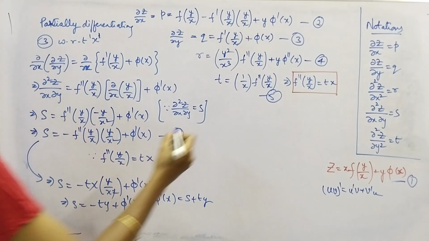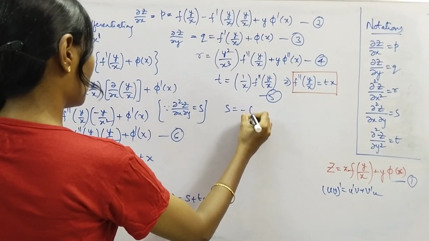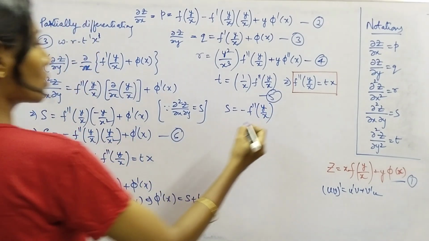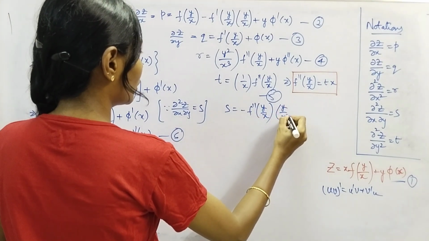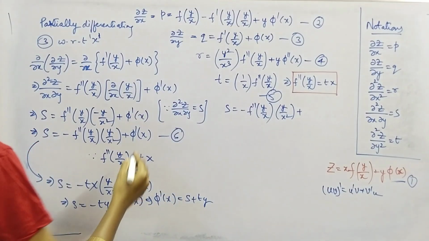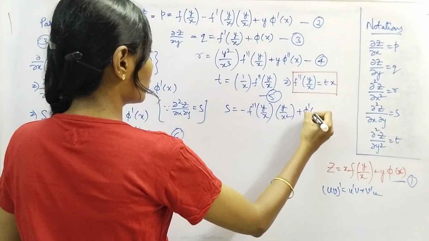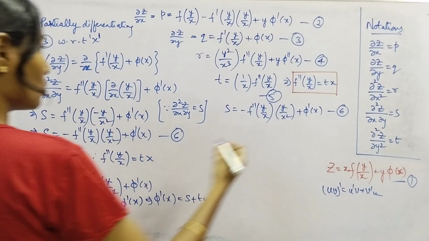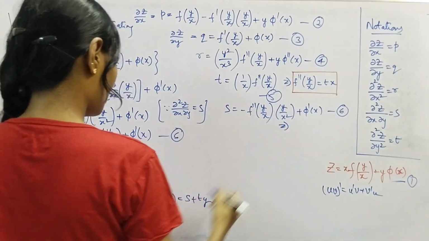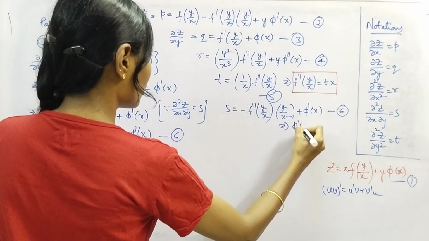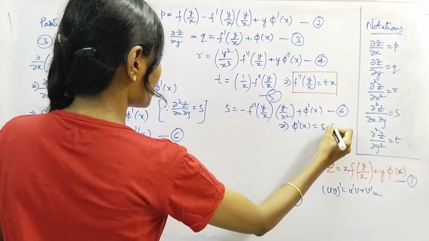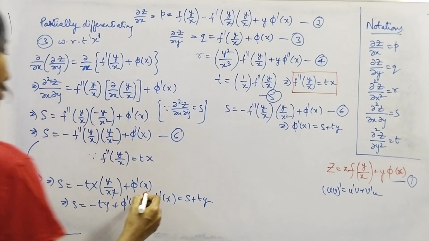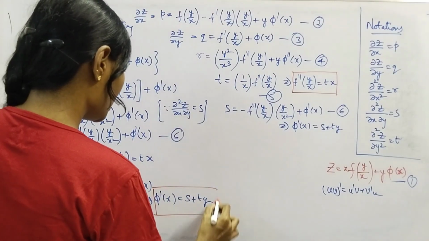Right. So s equal to minus f double dash of y by x into y by x square plus phi dash of x, which is equation number 6, and from this we'll get the value of phi dash of x, which is s plus ty. We'll use this later while finding PD.